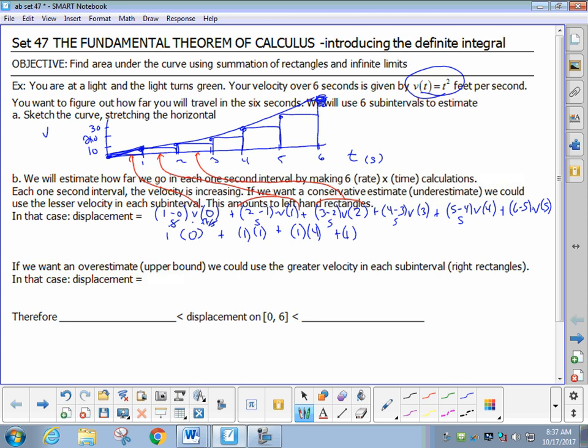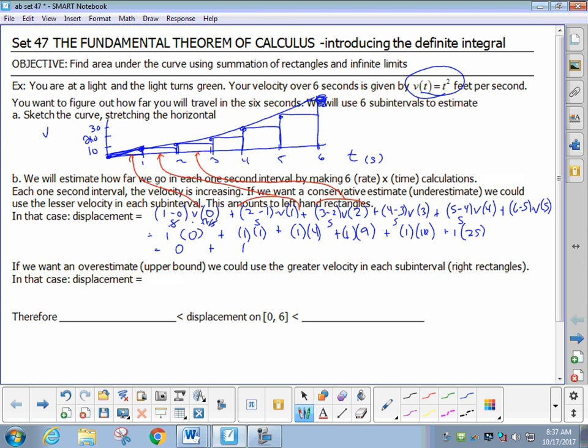The velocity at time 3 is 9. The velocity at time 4 is 16. And the velocity at time 5 is 25. Okay? So, this would then be 0 plus 1. Pause. What does that 1 represent? What is it?